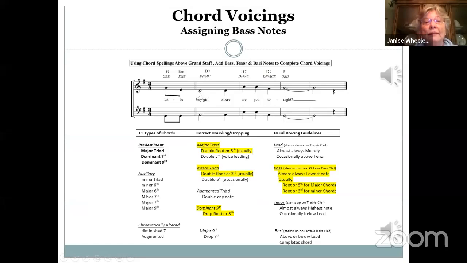The next melody note is the D. And so we have a choice for the bass, if you recall. They are usually on the root or 5th for major chords.